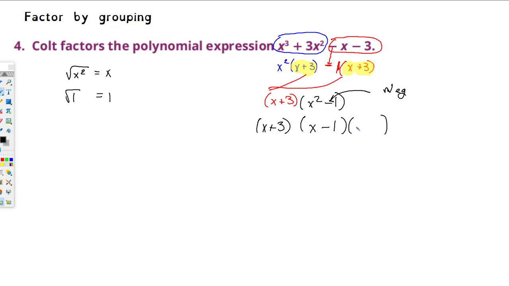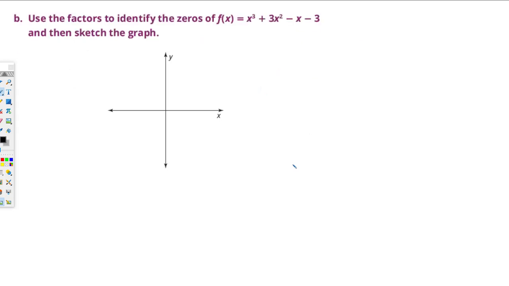So it'll always factor out like this. So identify what you need to show yourself on the steps, and those are the steps you need to write down.